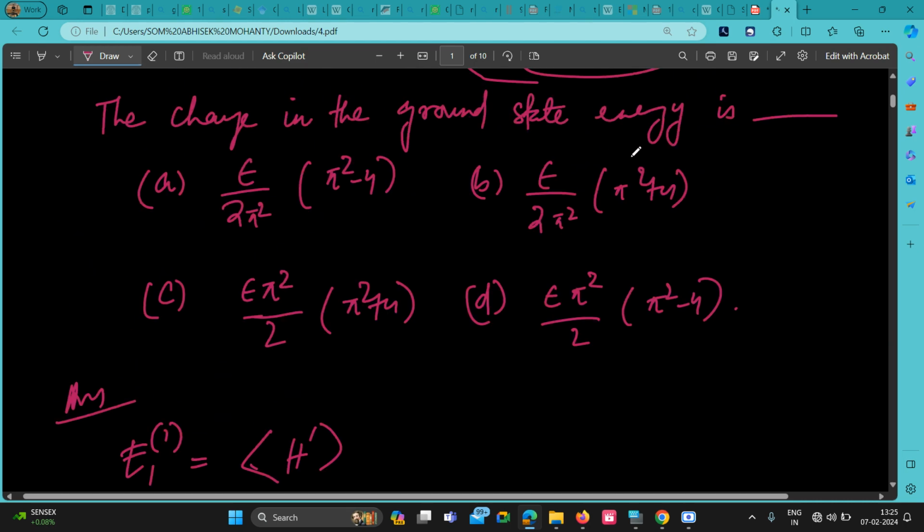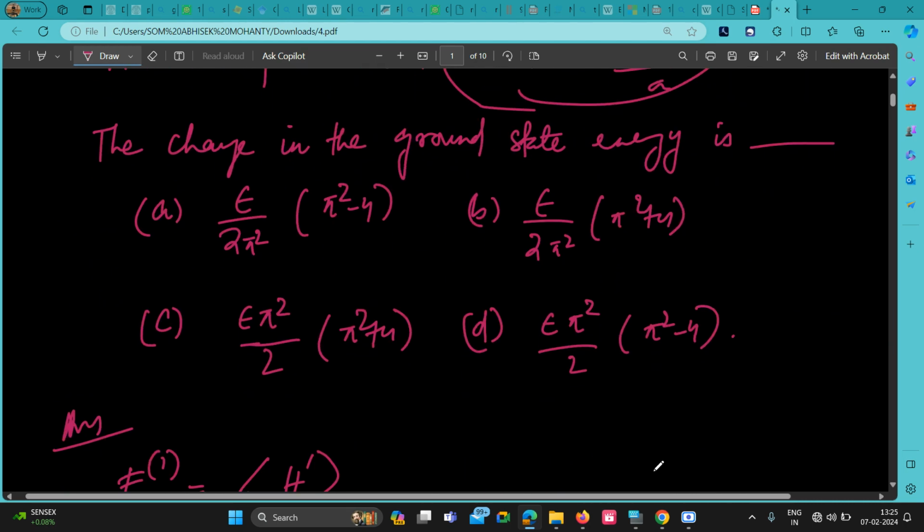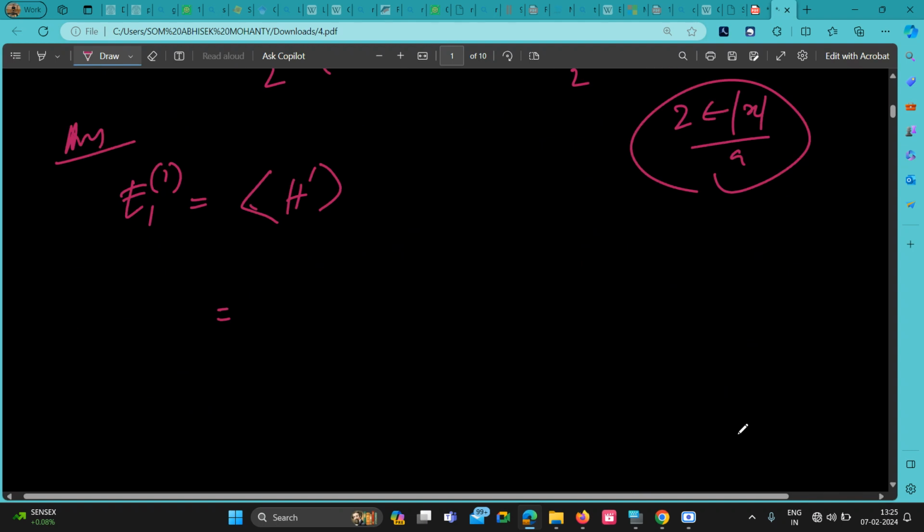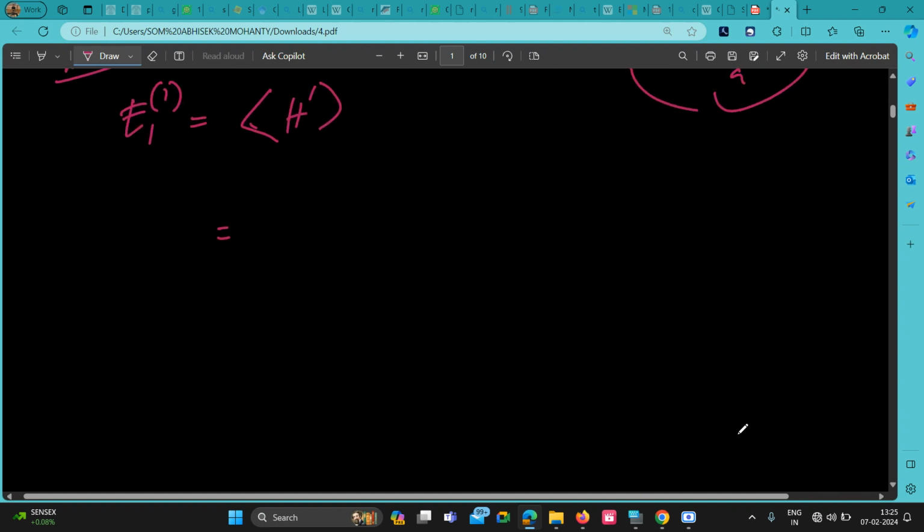Okay, so how to do it? The ground energy correction is what? The expectation value of the perturbation, right? So here the perturbation is given as 2 epsilon mod x by a, and the potential is between minus a by 2 to a by 2. So we can do the integration from minus a by 2 to a by 2.